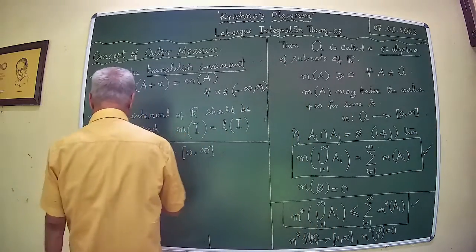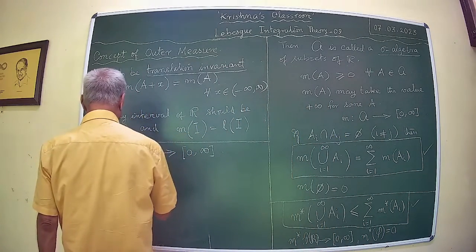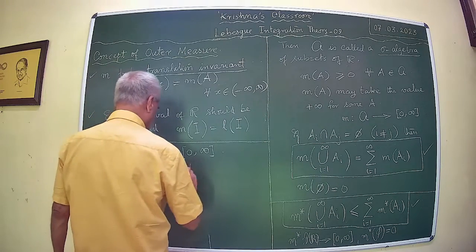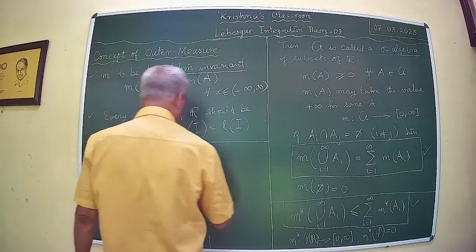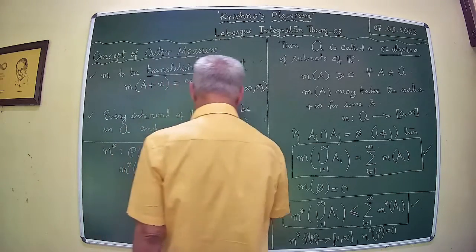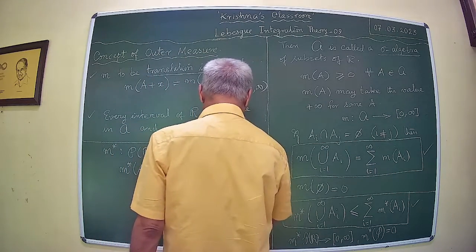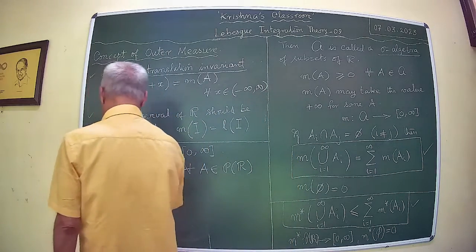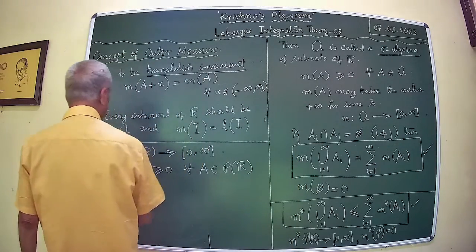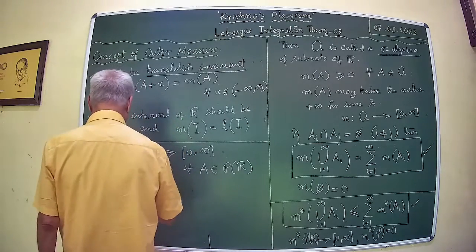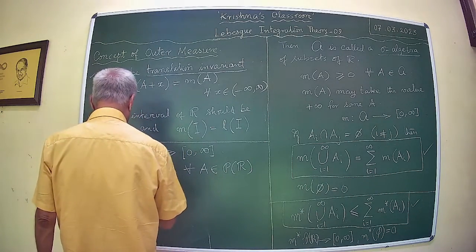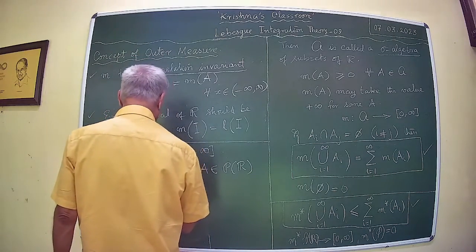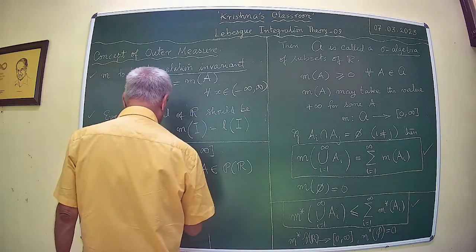The second property is that M star of an interval is equal to the length of the interval.